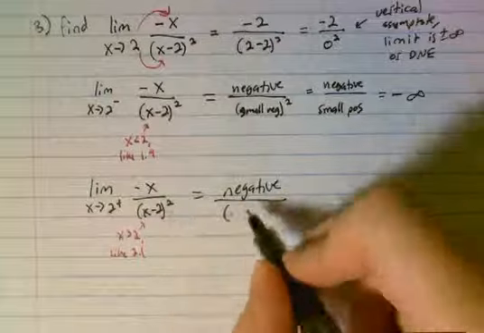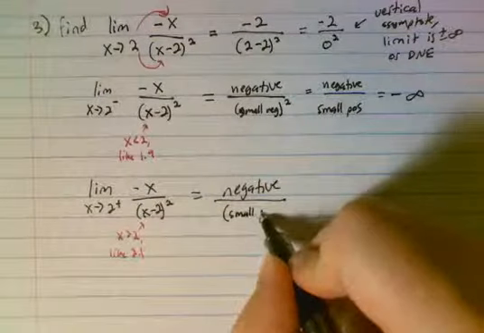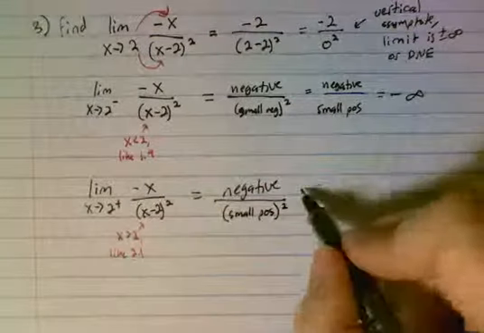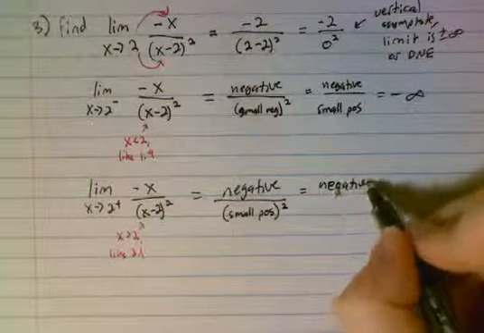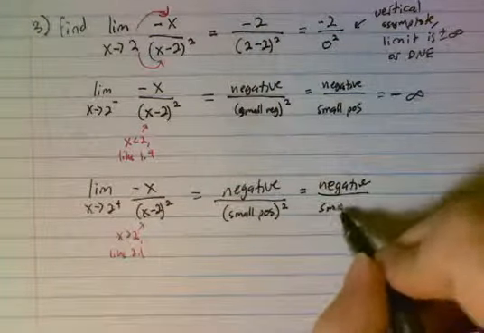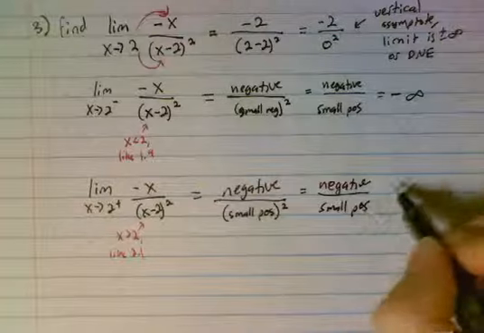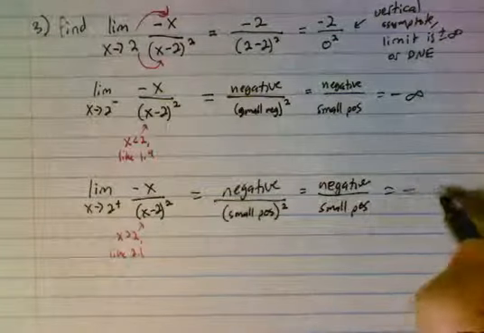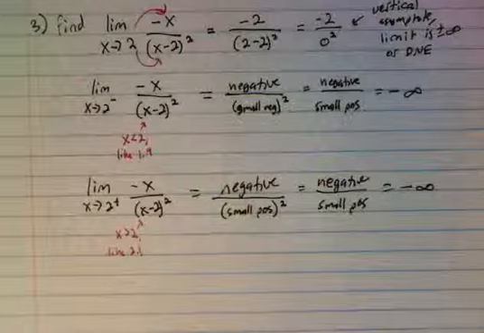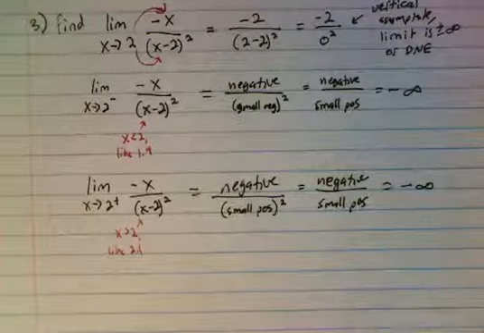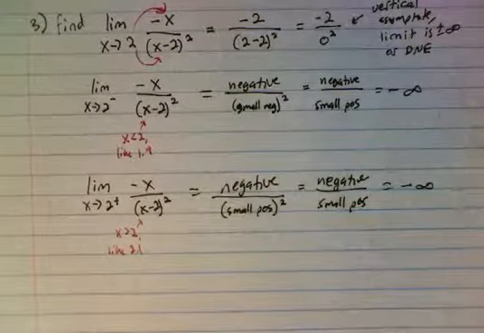And 2.1 minus 2 would be a small positive, but it's squared, so it's still a small positive. So exactly the same as it was up here. Negative divided by a positive is negative. Number divided by a small number is infinity. So now, in this case, these two match.